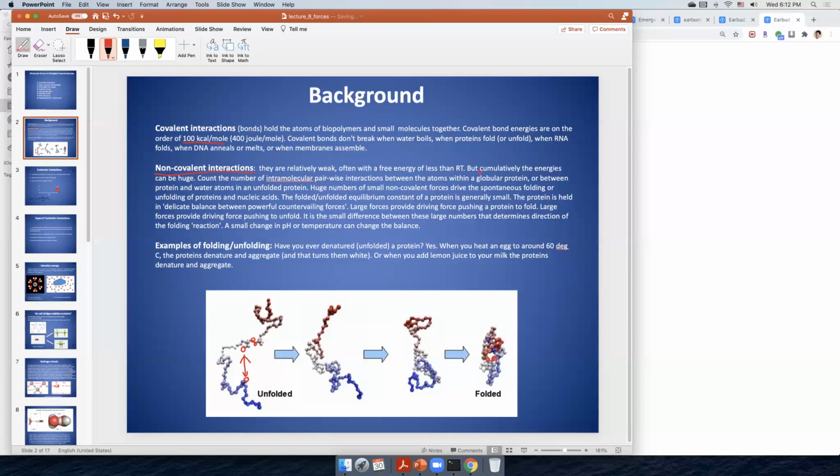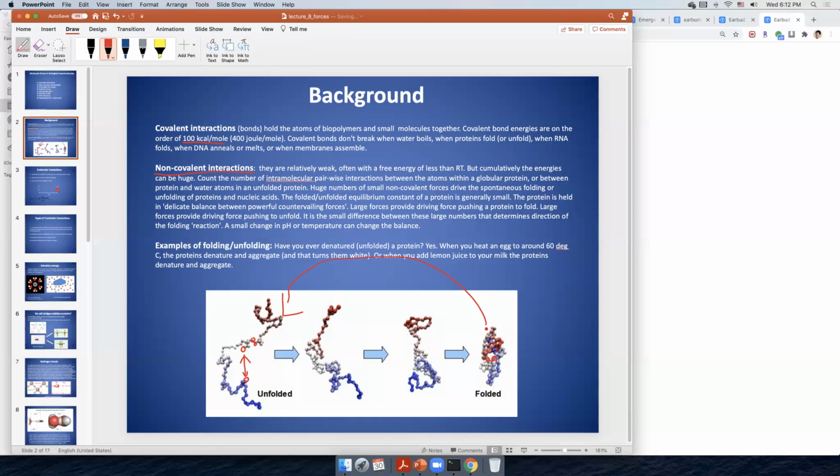But cumulatively, the energy can be huge. For example, if you have this protein folded, it's very difficult to unfold it back into this form because there are too many non-covalent bonds like electrostatic forces and van der Waals forces.